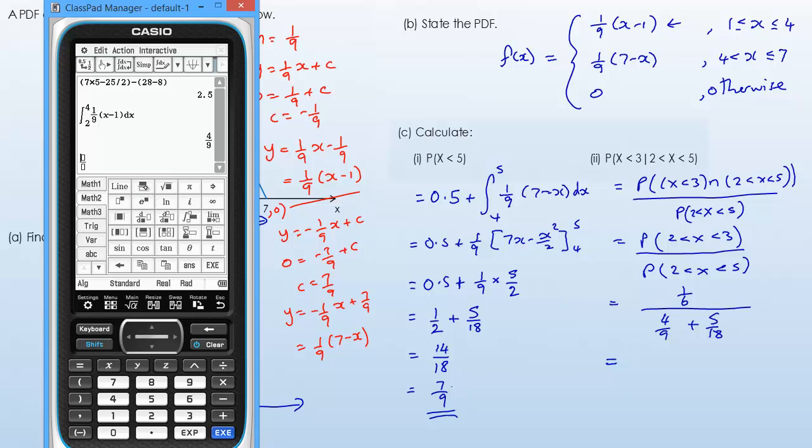So we have 1/6 divided by 4 over 9 added to 5 over 18. And that's 3 over 13.